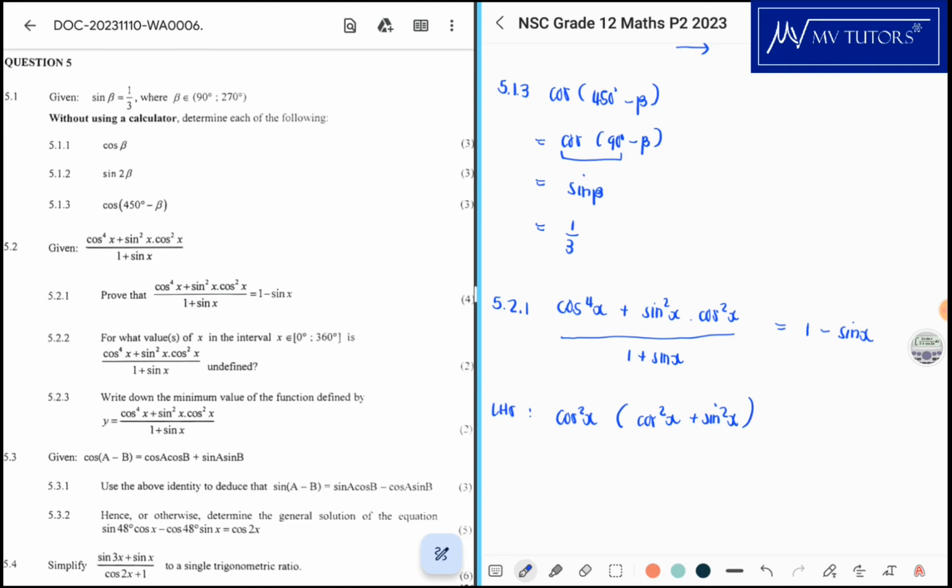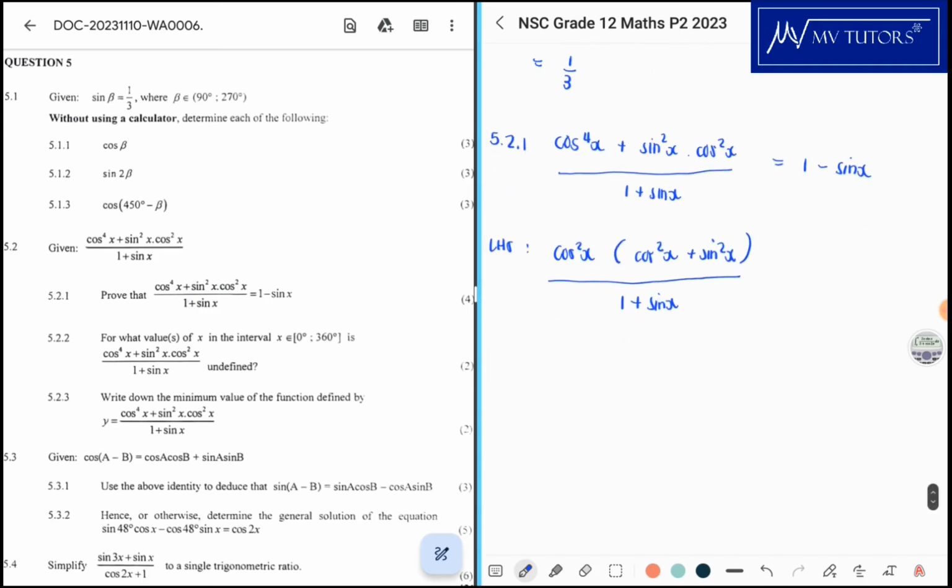This is where it gets nice and interesting. If you have that, you start to smile. Then let's make it all over 1 plus sine x, because the denominator I really cannot do much with. Cos squared x plus sine squared x, I hope at this point you realize that is an identity and is equal to 1.